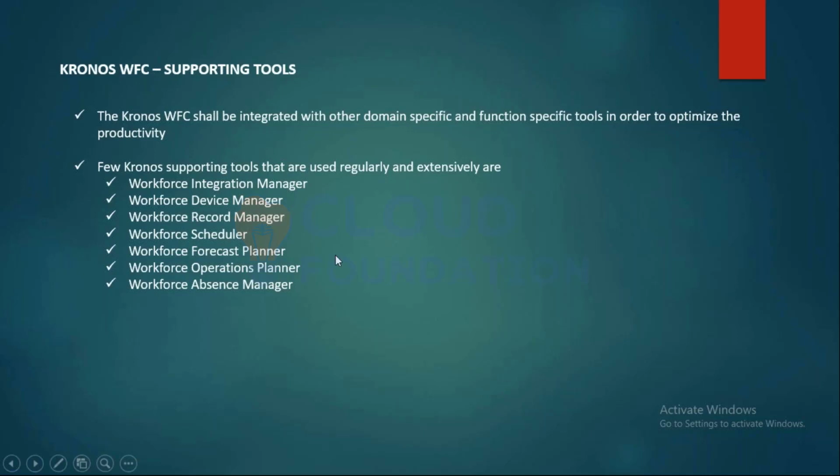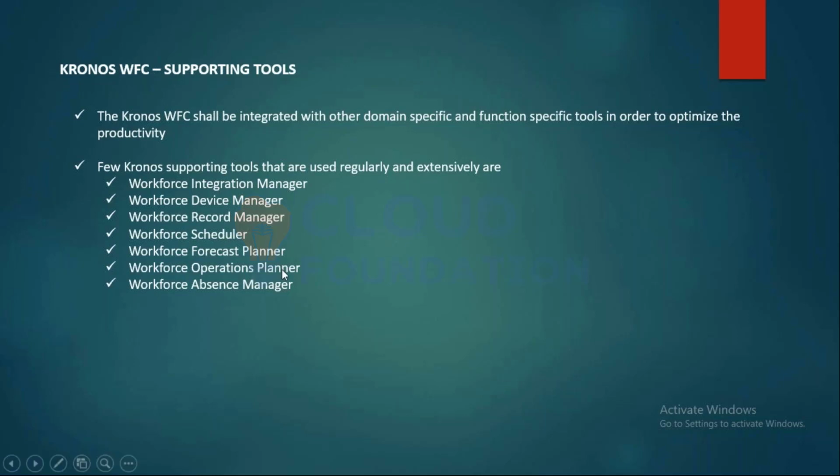Workforce Device Manager is the clocks and data collection. Workforce Record Manager is going to shuttle between two applications within Kronos, like a development and a production. Workforce Scheduler is your scheduling. Forecast Planner is the forecasting option that I said, and it works in tandem with scheduling.